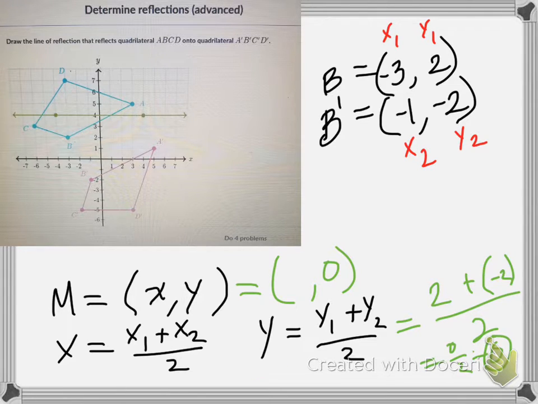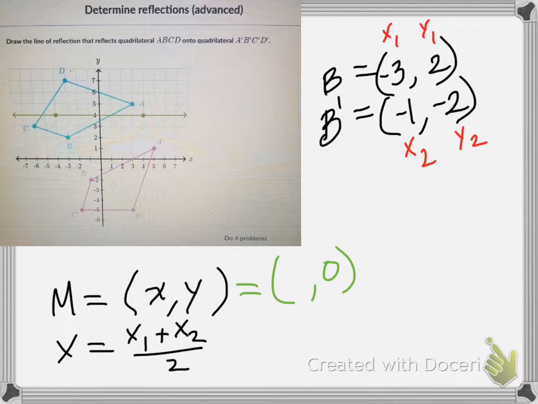Now we're going to do x. Let me go ahead and erase some of this. Okay, so now we're going to find x, which is this one right here. We're going to do the plugging again: x1 plus x2.